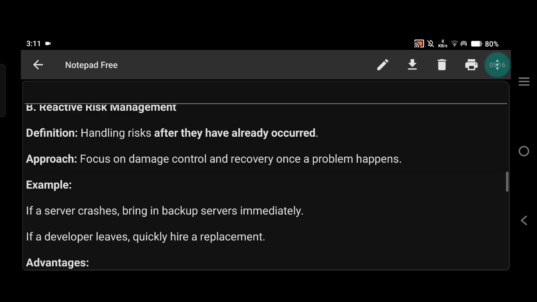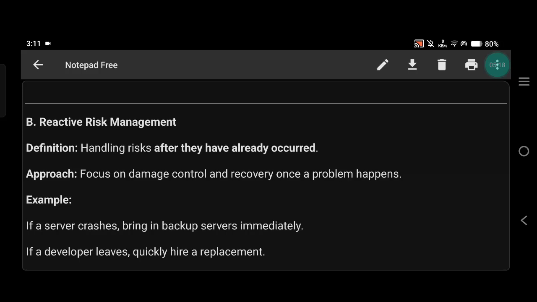See, second is reactive risk management. Reactive risk management means handling risks after they have already occurred. Okay, here the focus is not on prevention, but on damage control and recovery.